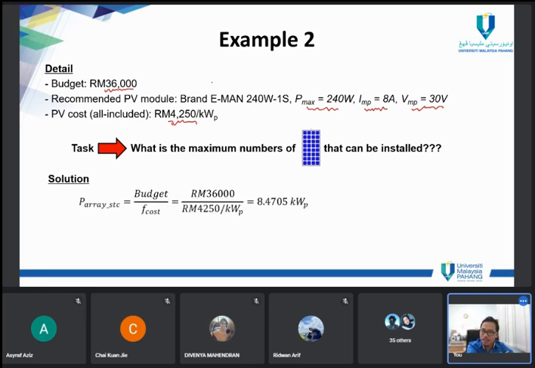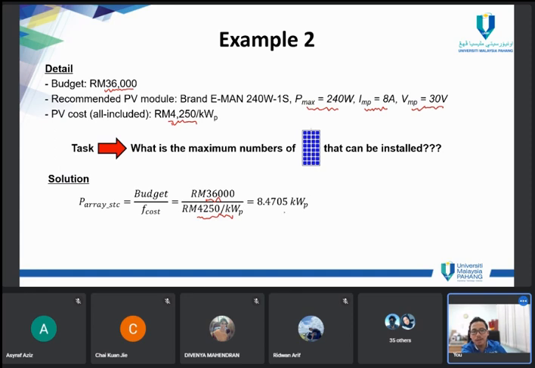So first of all, you need to calculate P-array STC. We have to know what is the maximum peak power from PV that we can install based on our budget. So very straightforward, 36,000 over 4,250 ringgit per kilowatt peak.